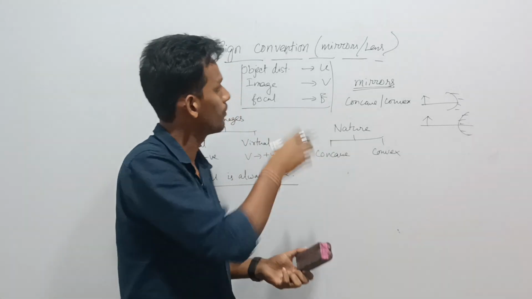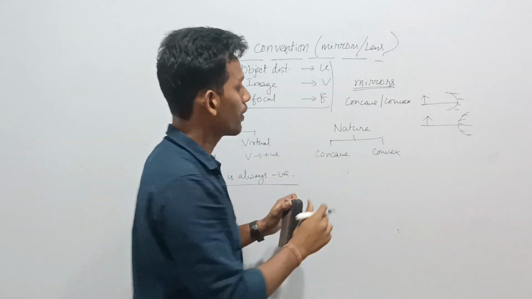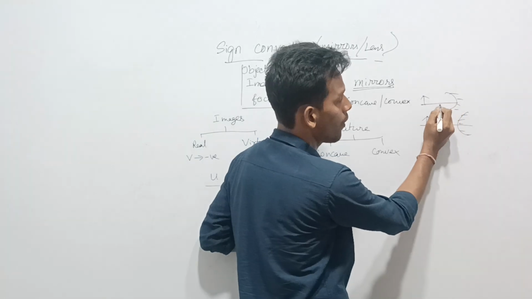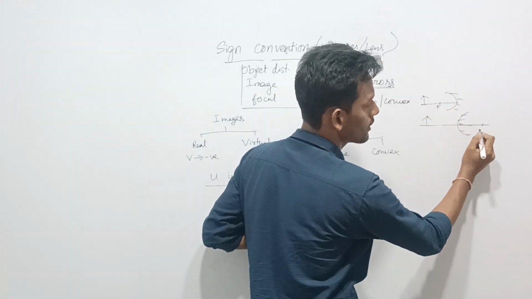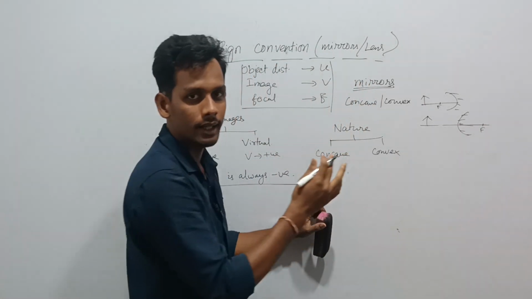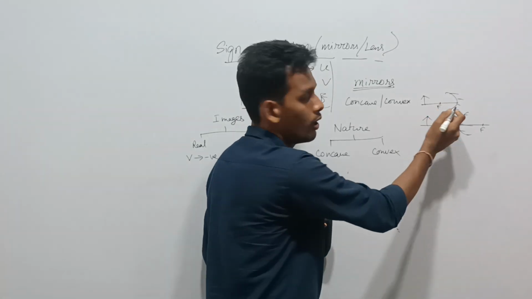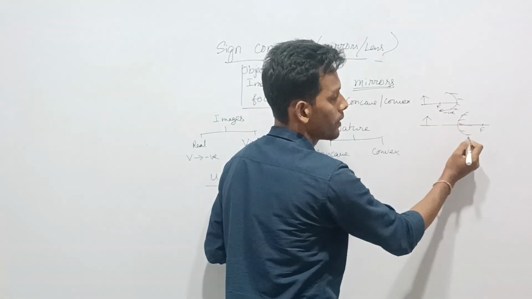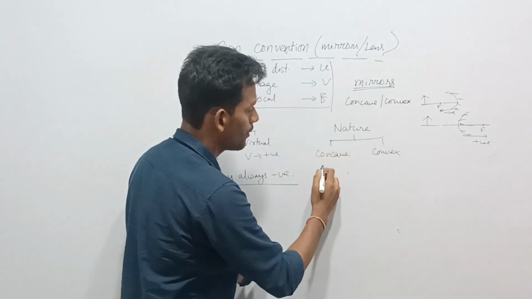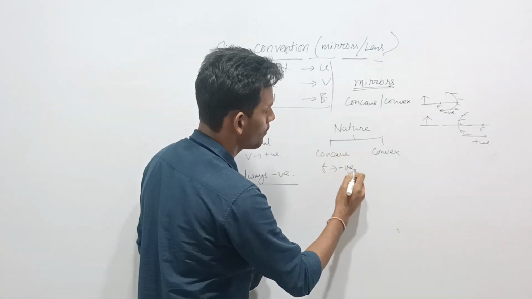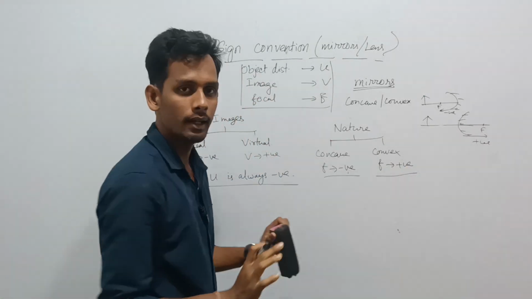If values are given, meaning object distance, image distance, focal length, you should know that for a concave mirror, the focus is always placed towards the left side. In the case of a convex mirror, the focus is always placed towards the right side. Since the focus is towards the left for a concave mirror, this distance is negative, and for the convex mirror this distance is positive. That means for a concave mirror, f is always negative. For a convex mirror, f is always positive. Clear?